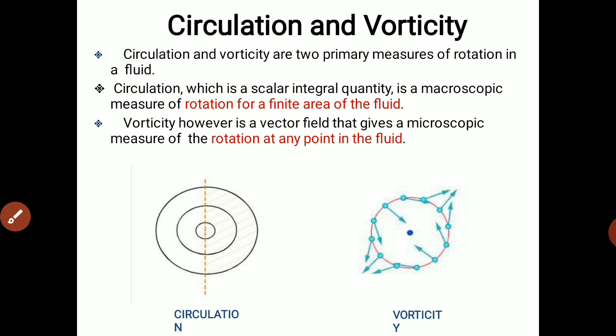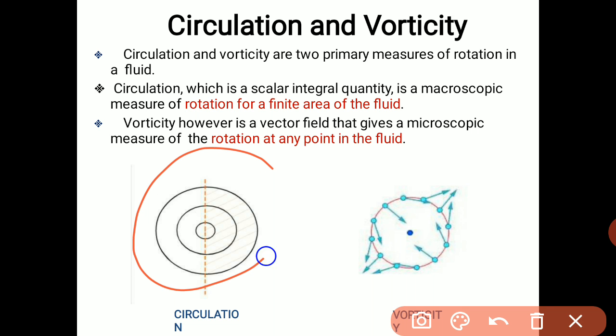Okay, then circulation and vorticity, which are important terms. What is circulation? Circulation, in the name itself, is explained. Circulation and vorticity are two primary measures of rotation in a fluid. Circulation, which is a scalar integral quantity, is a measure of rotation for a finite area of fluid, and vorticity is a vector field that gives a microscopic measure of rotation at any point in the field.